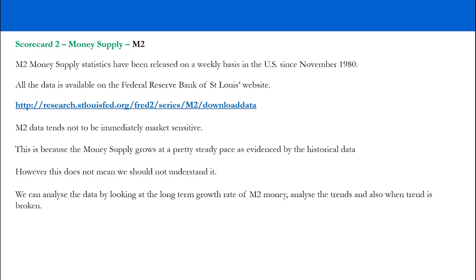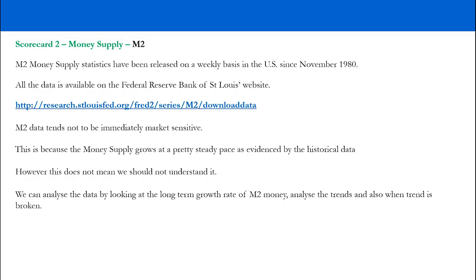Now, what's quite interesting is that the M2 data tends not to be immediately market sensitive. And this is because the money supply, as you would expect, grows at a pretty steady pace. And this is evidenced by the historical data. However, this doesn't mean that we shouldn't try to understand it and analyze it on a regular basis.